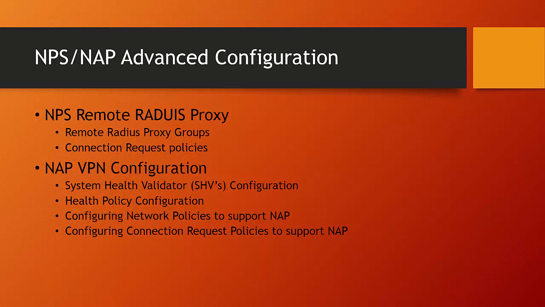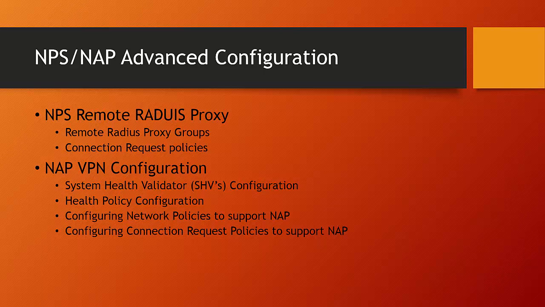As a RADIUS proxy, the NPS server makes decisions on how best to treat authentication requests. And its decisions really are: does the NPS server itself handle the authentication and authorization request? Or, based on certain conditions, does the NPS server pass on those authentication requests to another NPS server?